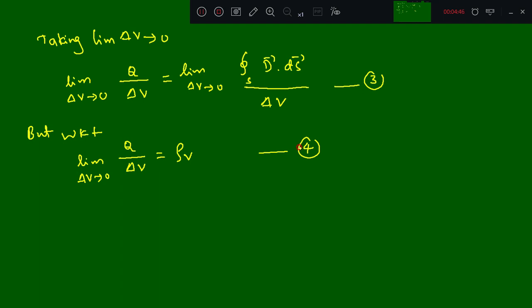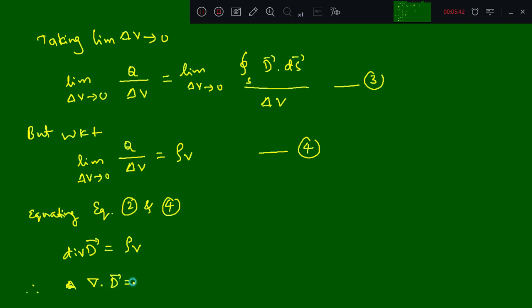So equating equation number 2 and 4, we get that divergence of D is nothing but rho V, or we can also write this as del dot D is equal to rho V. So this is the important equation.